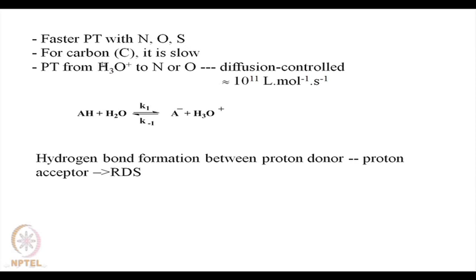If it is carbon, then it is slow, and proton transfer from hydronium ion H3O plus to nitrogen and oxygen is diffusion controlled. It is very fast.